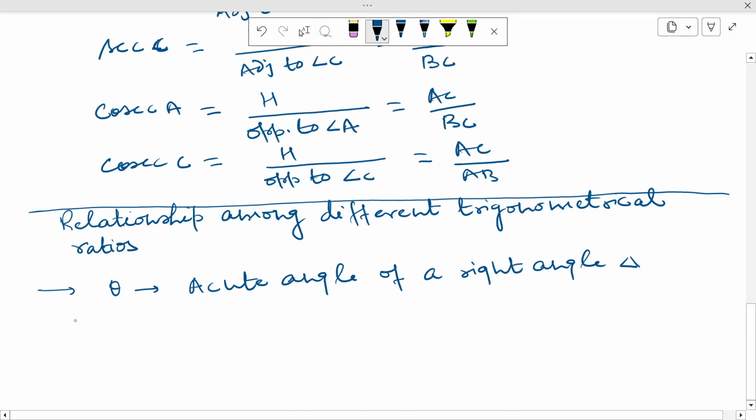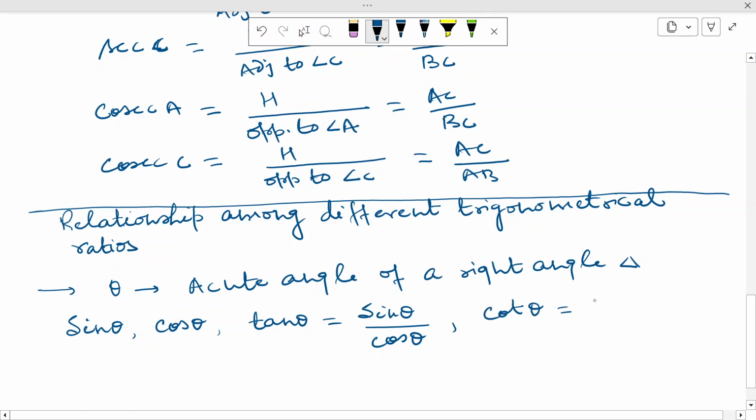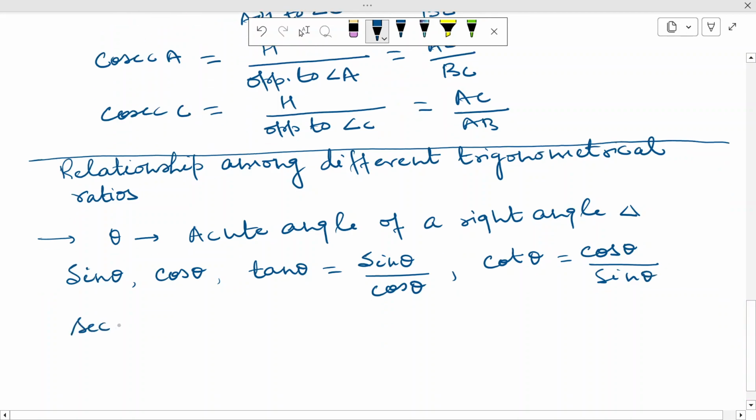So, you have sin theta as sin theta and cos theta as cos theta, but when you talk about tan theta, you can write it as sin theta over cos theta, and similarly cot theta is cos theta over sin theta, and sec theta is 1 over cos theta, and similarly cosec theta is 1 over sin theta.